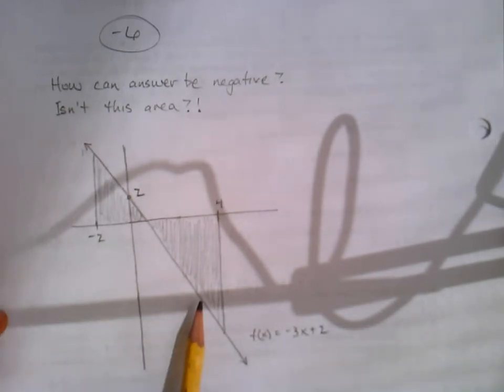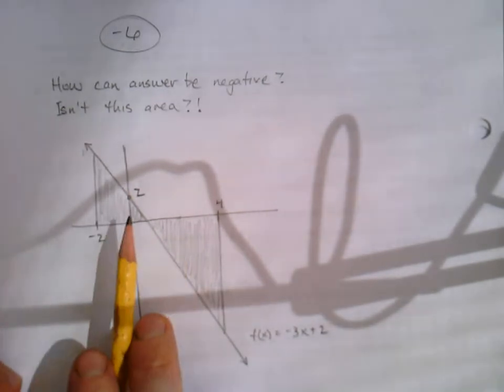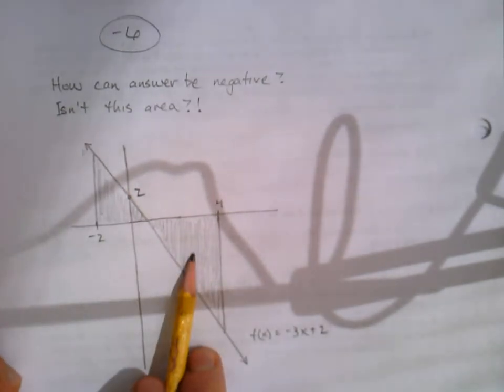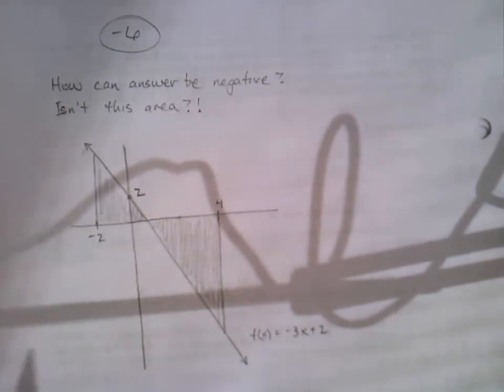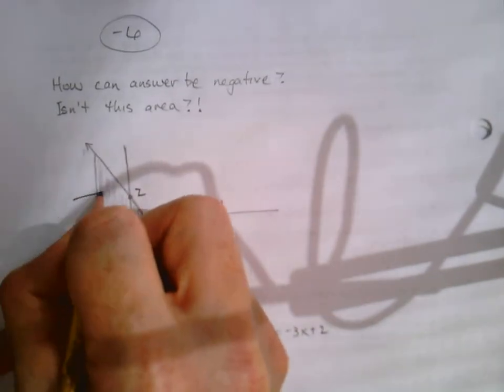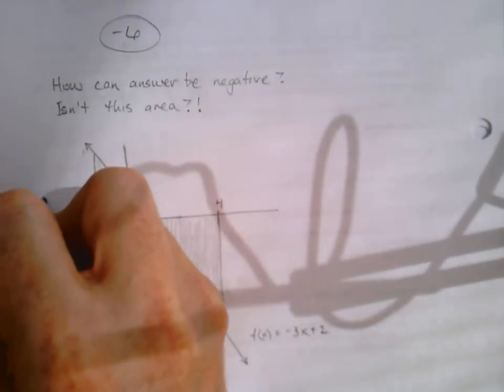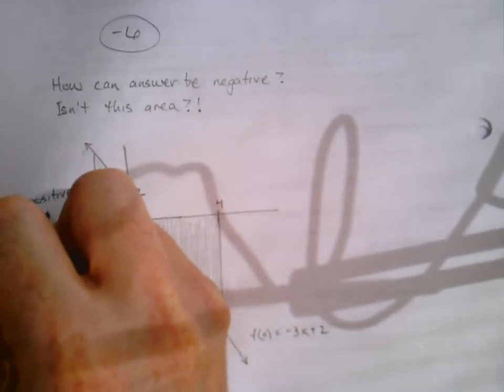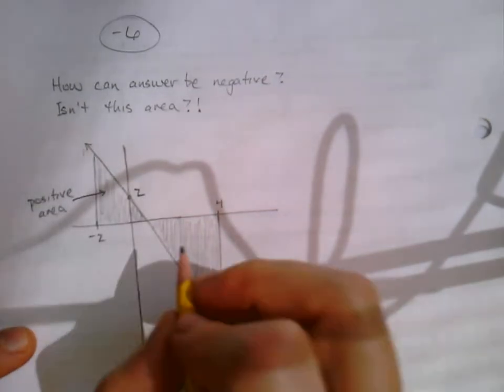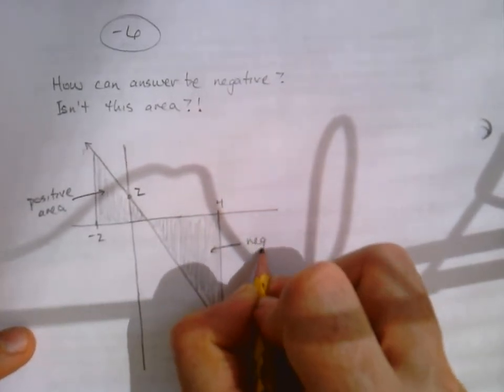What happened here? When the area drops below the x-axis, it gets calculated as negative area when you do a definite integral. This is positive area. This is negative area.